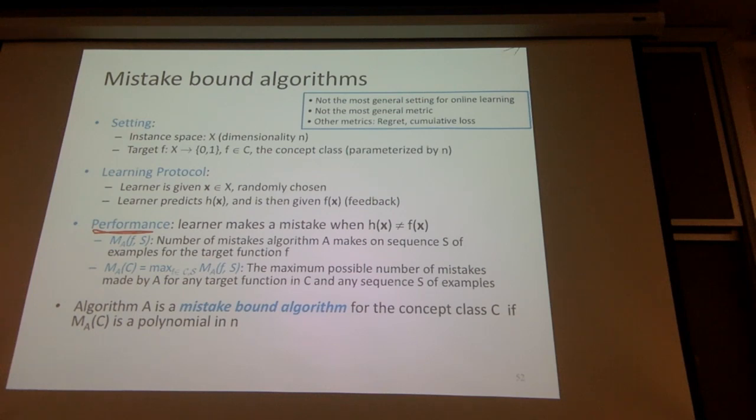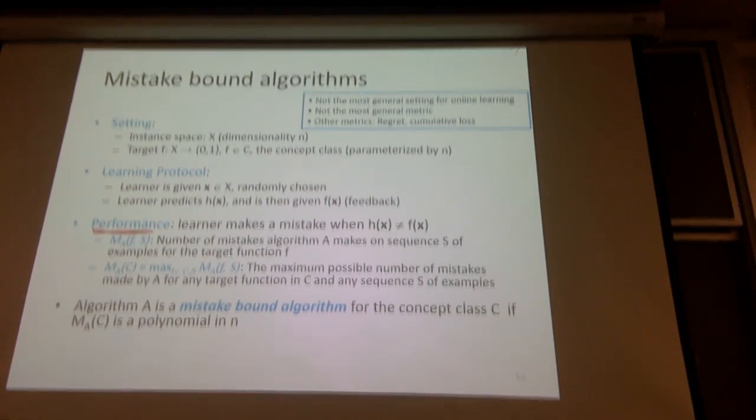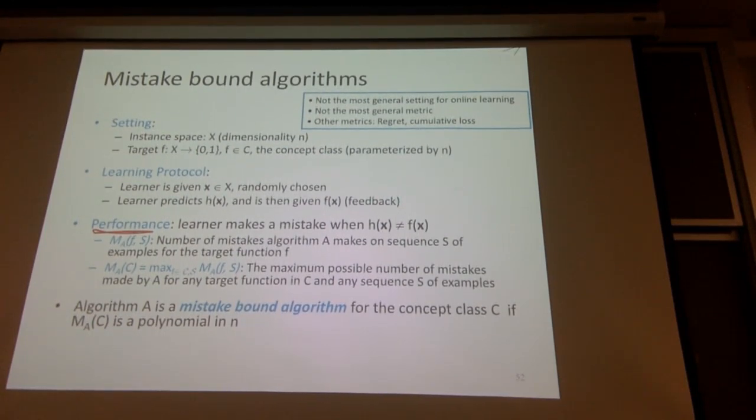It makes a bunch of mistakes and then never makes mistakes forever in the future. And in fact, the sequence could be infinite, and that's a subtle but important point. The sequence could be infinite, despite seeing an infinite number of examples, despite having this all-powerful adversary that's picking examples. A mistake-bound algorithm will never make mistakes after meeting this bound.